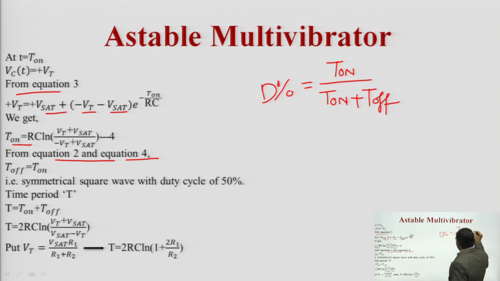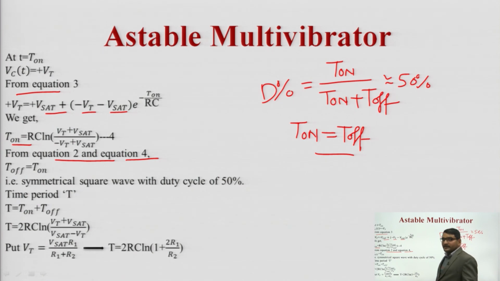If we consider the case where T on equals T off, then the duty cycle is equal to 50%.